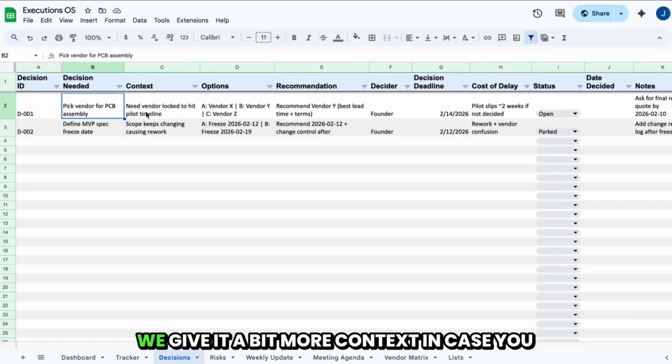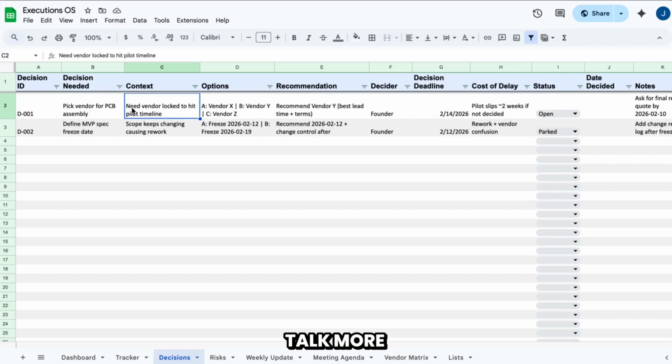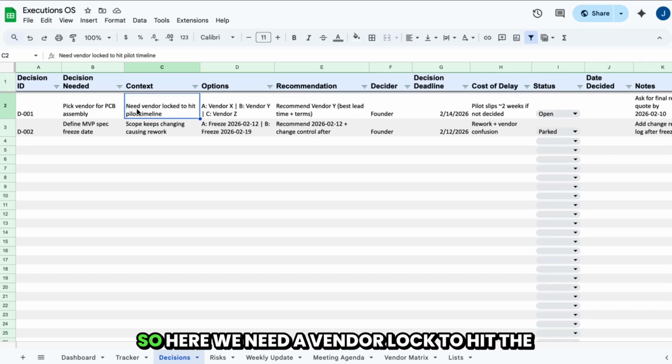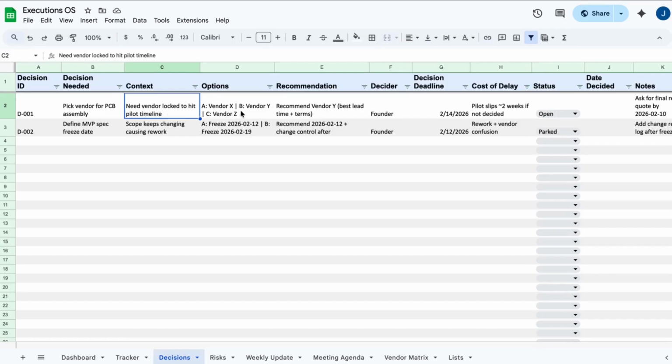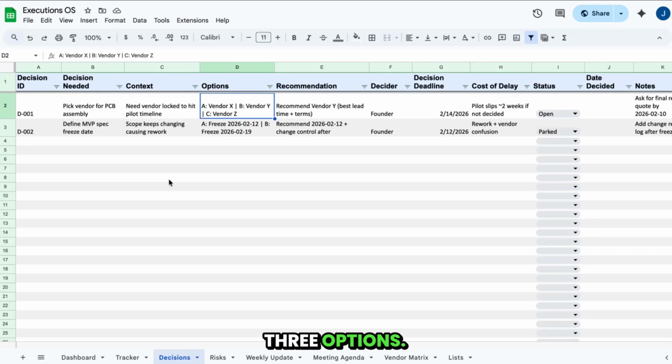We give it a bit more context in case you visit the decision log after a while, and we talk more about what kind of decision is needed. So here we wrote we need the vendor locked to hit the pilot timeline since it was a new project. Then we had options. We were stuck between vendor X, vendor Y, vendor Z, three options.